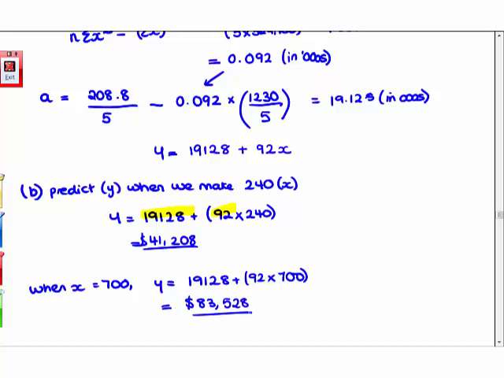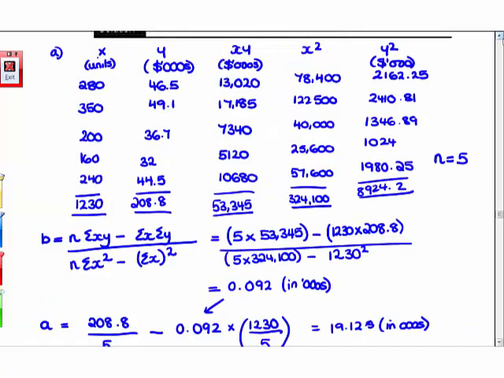A final way that this could be tested is it could ask which one is likely to be more accurate, your prediction for 240 or your prediction for 700 units in B2. If we look back at our table here, you can see that we have experience of producing between 160 and 350 units.